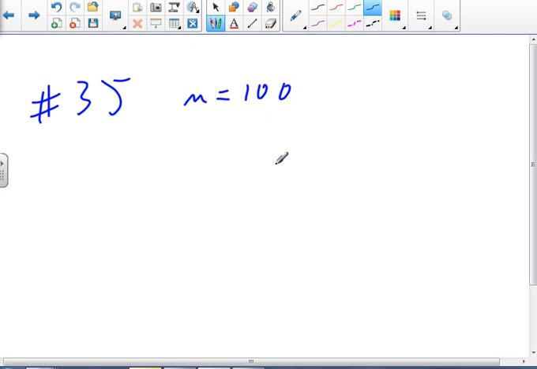Assume the president is correct, and p is equal to 0.3. What is the sampling distribution of p bar for the study?